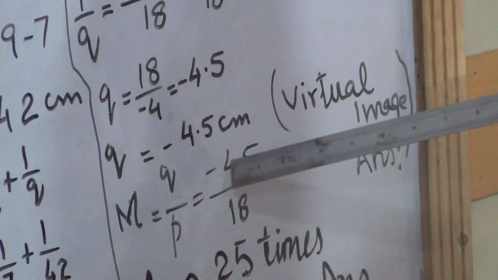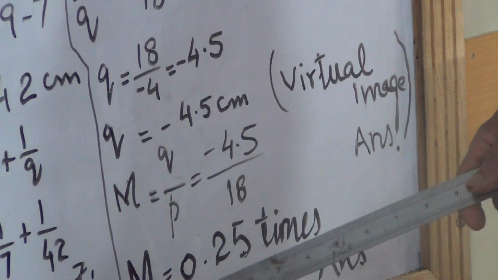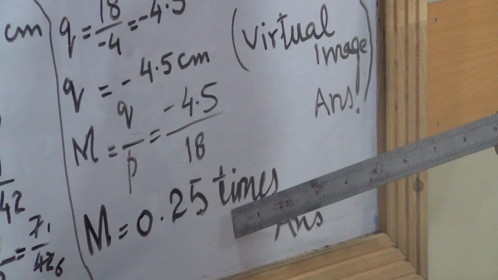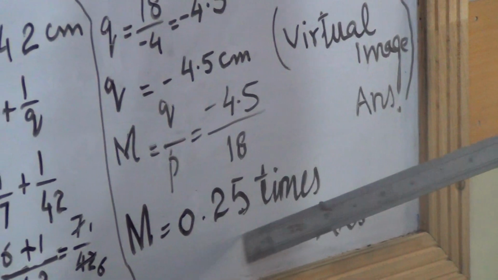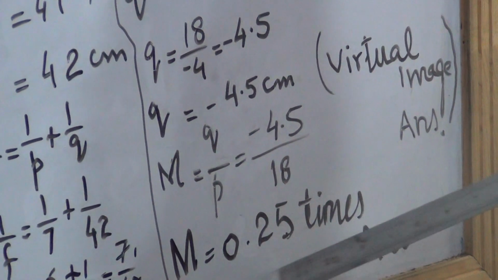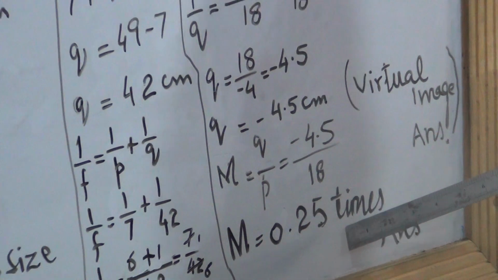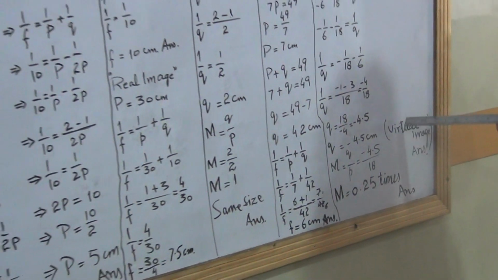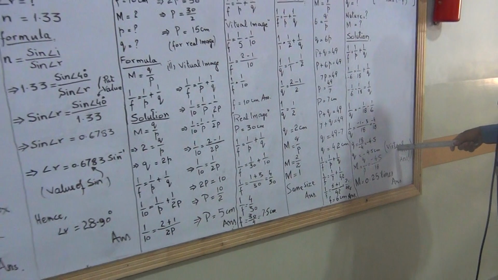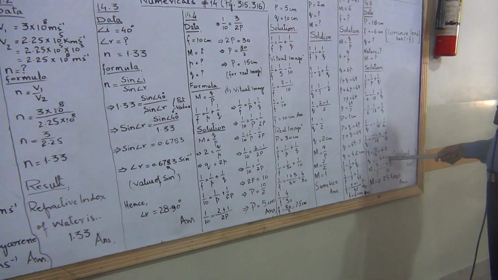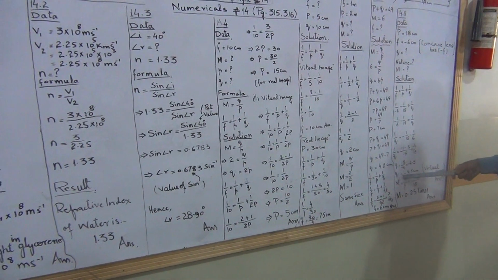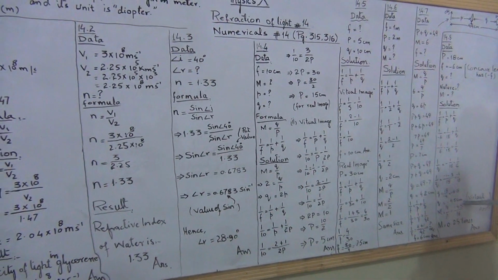Now divide 4.5 by 18, you will get 0.25 times. So the magnification of the image is 0.25 times, and the image is virtual, and the distance of the image from the concave lens is minus 4.5 centimeter.